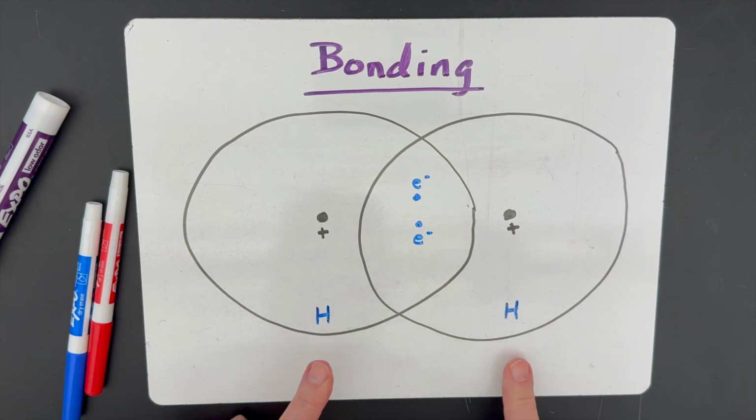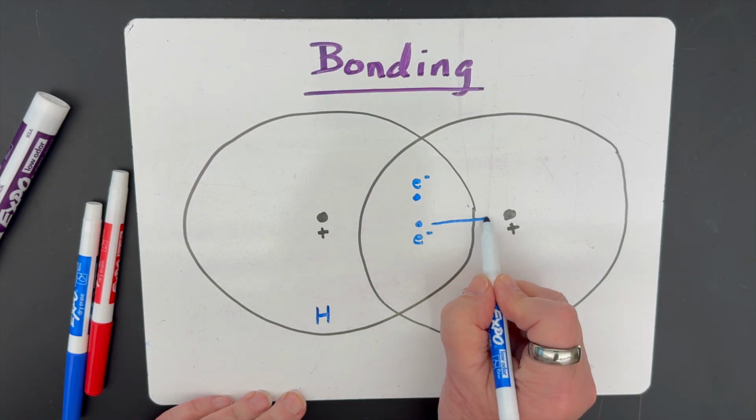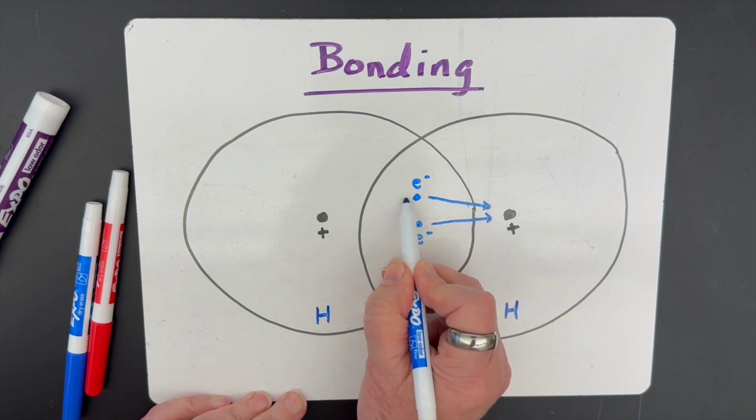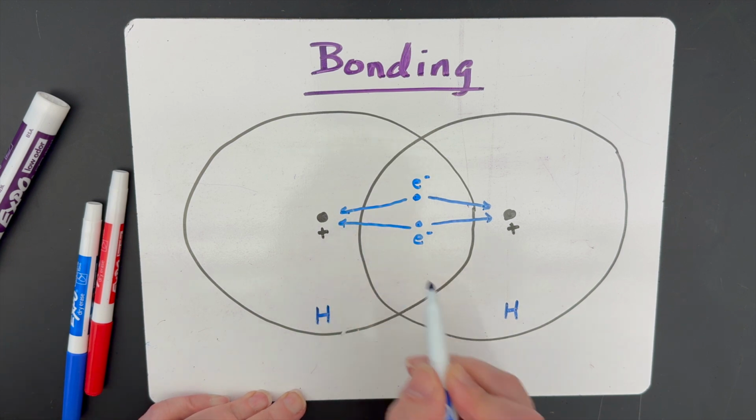Now, these two hydrogens, since they're the same element, have equal strengths pulling on these electrons. So the attraction that these electrons have for the right nucleus is the same as the attraction they have for the left nucleus.